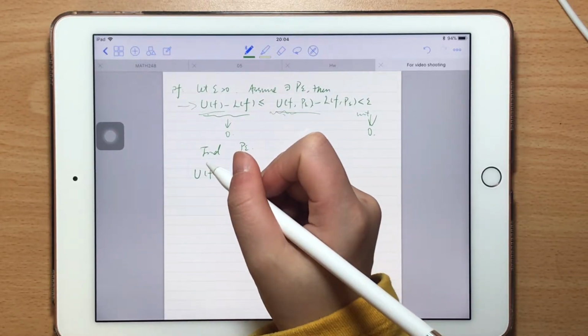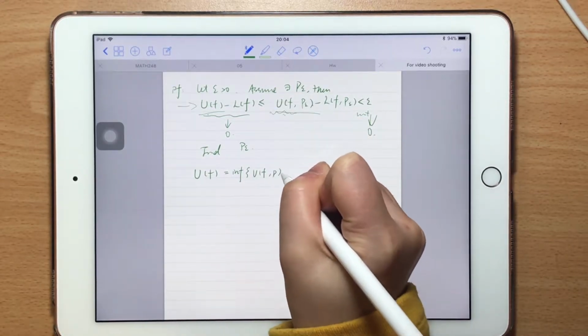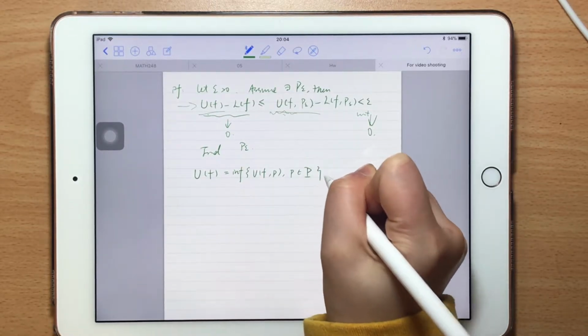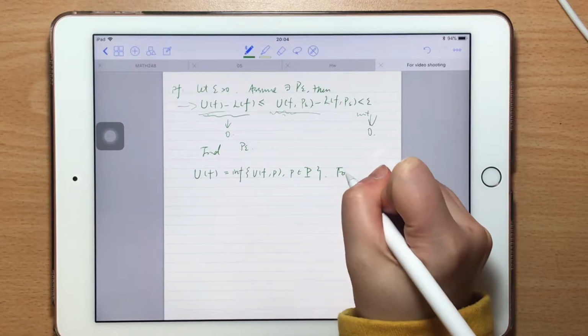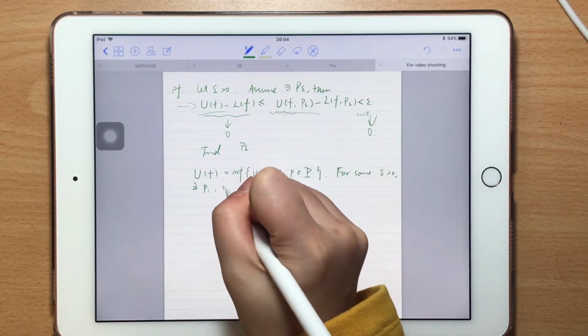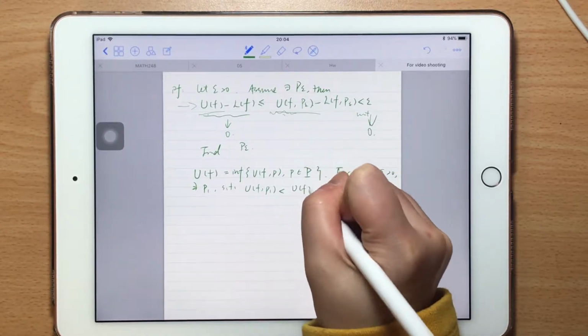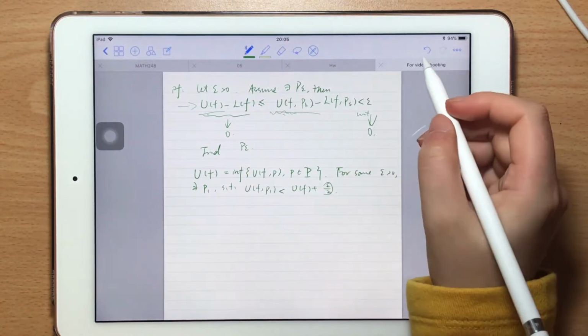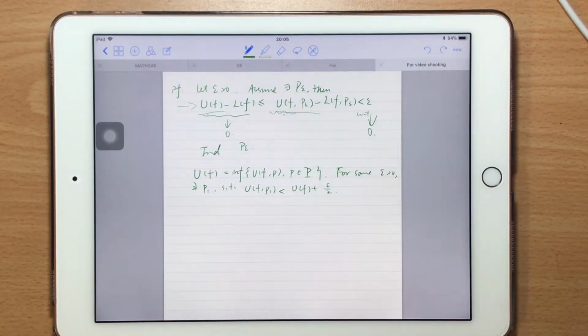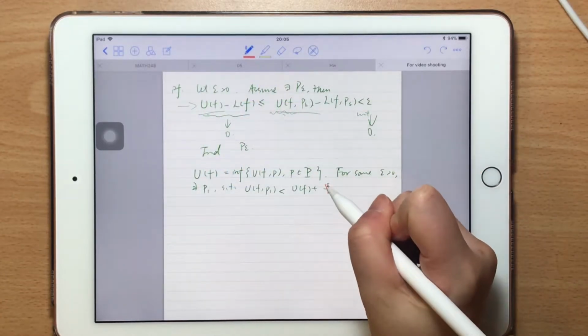Remember F is integrable, and we have UF by the definition equal to the infimum of UFP over all P. Then for some epsilon, we will have a partition P1 such that UFP1 will be smaller than UF plus epsilon over 2. Or you can just say epsilon.